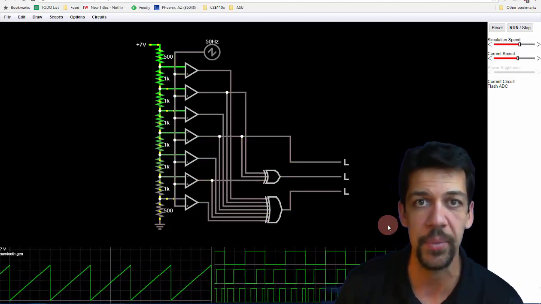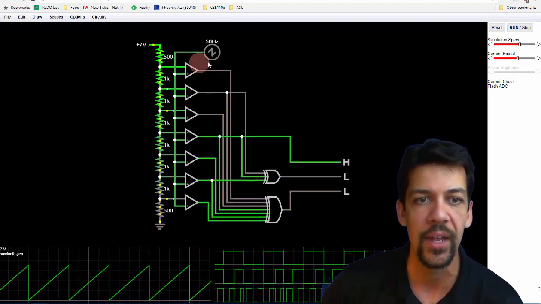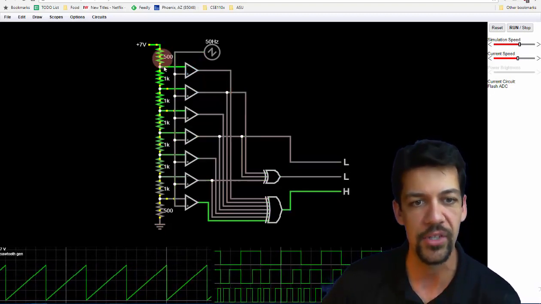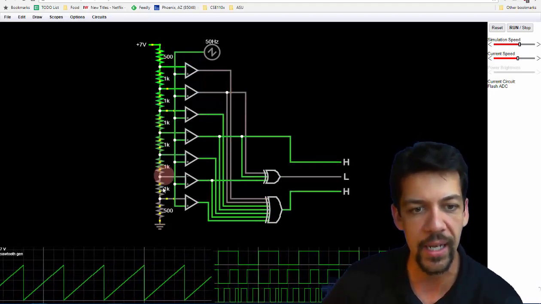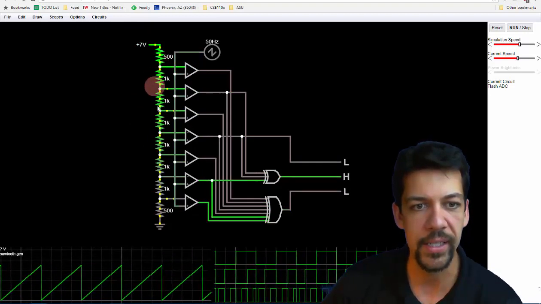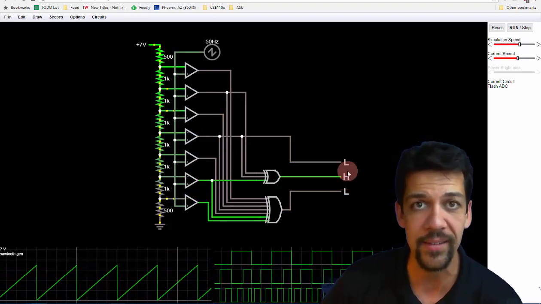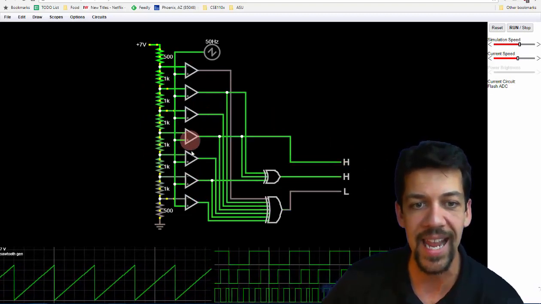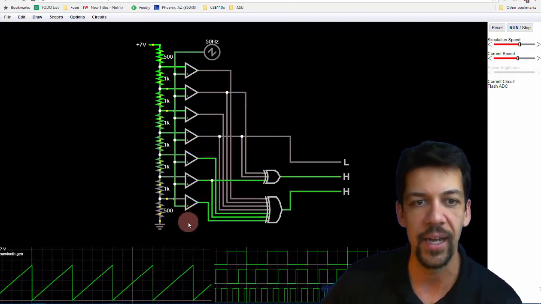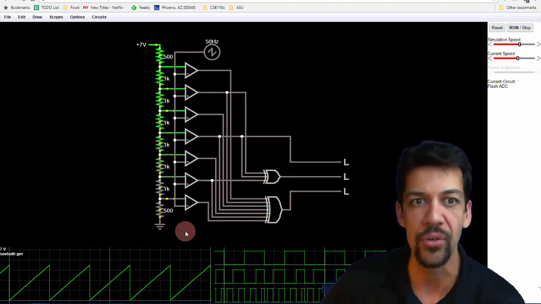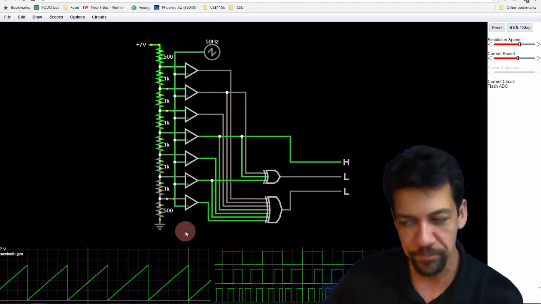is that it takes up a huge amount of silicon. Each one of these is an operational amplifier. There's a bunch of resistors, and I've only got the 8 of these things here. I'm only doing 3 bits of resolution, so that gives me 8 different configurations that I need to verify, right?